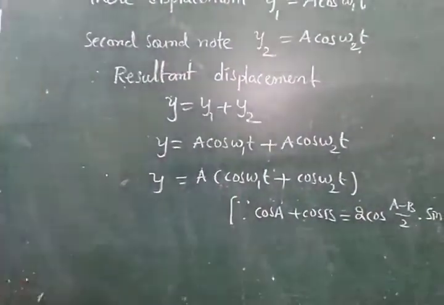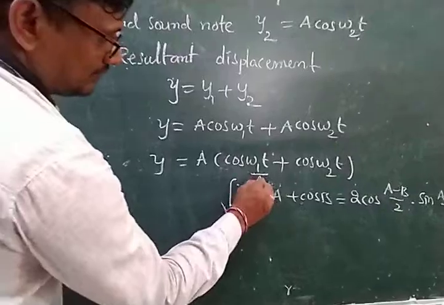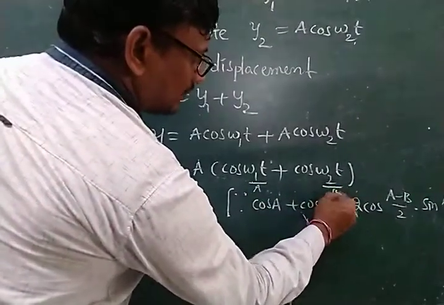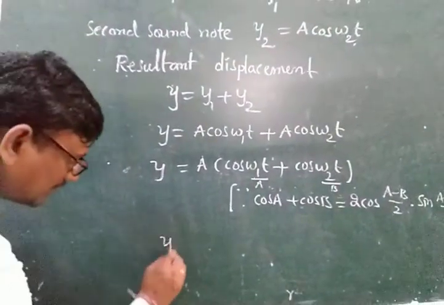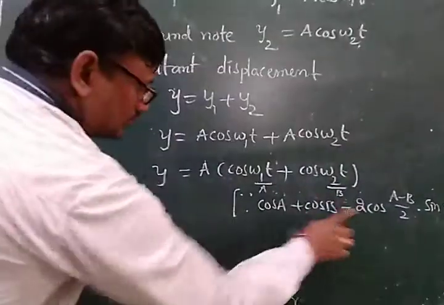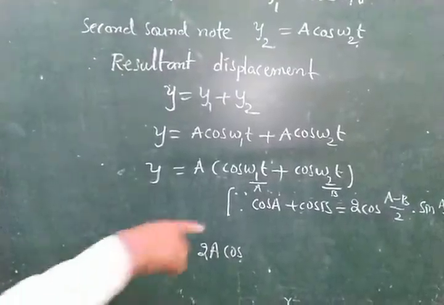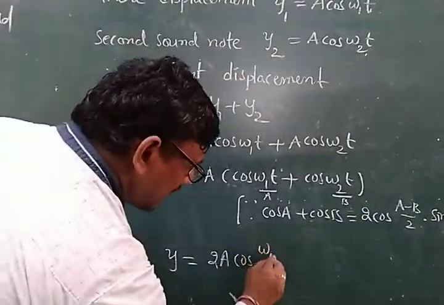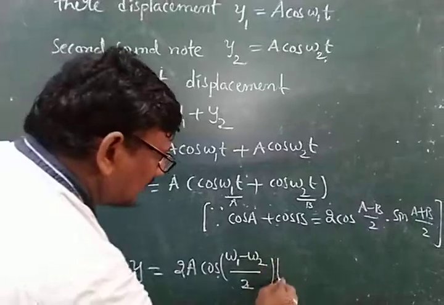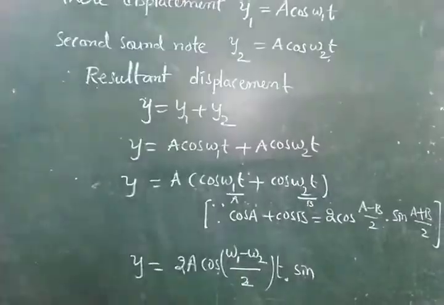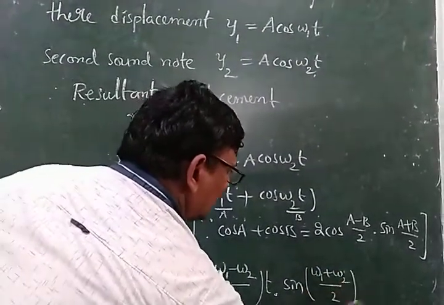Now this is substituted here. Here omega 1 into t is considered as A and omega 2 into t is considered as B. This is the cos A and cos B function. This is the resultant displacement: y is equal to 2 into a cos of (A minus B), where A minus B is omega 1 minus omega 2 by 2 into t, into sin of (A plus B), where A plus B is omega 1 plus omega 2 by 2 into t.